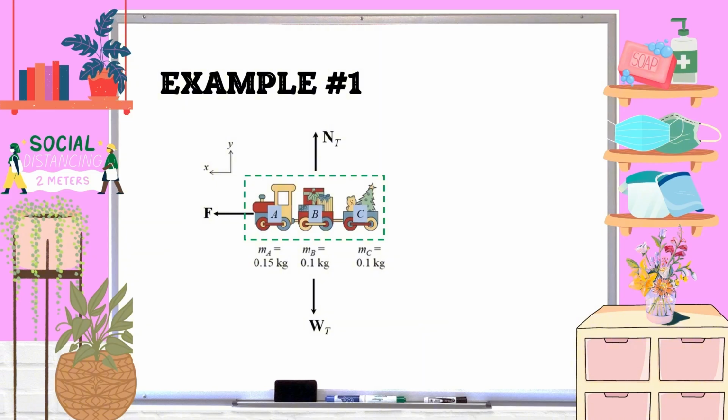So we will now start the solution process. We are done with steps 1, 2, 3, so we will now go to step 4. We are now going to create the equation of motion. According to the equation of motion for scalar components, since this is a vector quantity, the summation of force equals mass times acceleration.